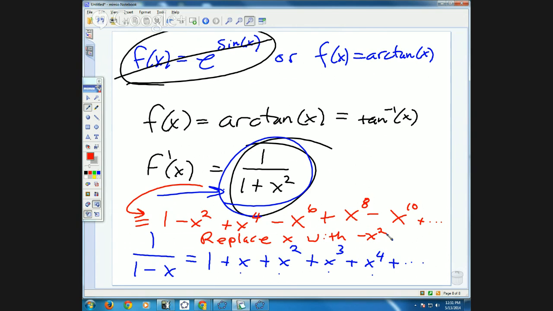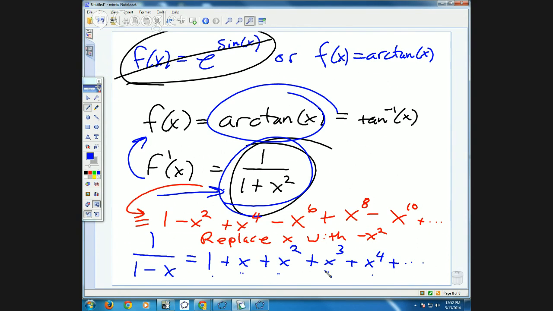How can I turn this red thing into a series for the arctangent? How do I go backwards here? I have a question. Obviously, 1 over 1 minus x. How does that give us that series? Geometric series. Do you remember the formula for geometric series? It's the first term divided by 1 minus the constant multiple. What's our constant multiple to get the next term?